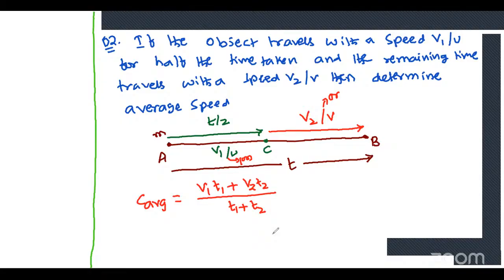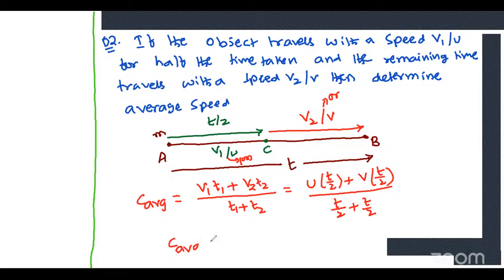So T1 is T by 2, and V2 is V. In this case, average speed is V plus U by 2.